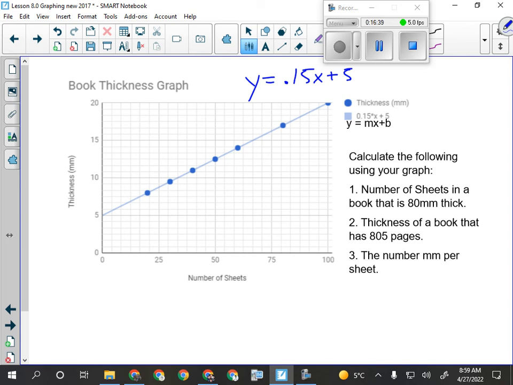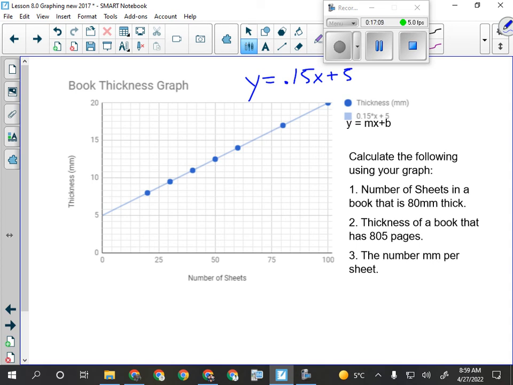The way that equation is set up is as follows. Y is the y value of a given point on the graph. X is the x value of that same point. The 0.15, or m, what does m represent? Anybody remember? It's the slope.